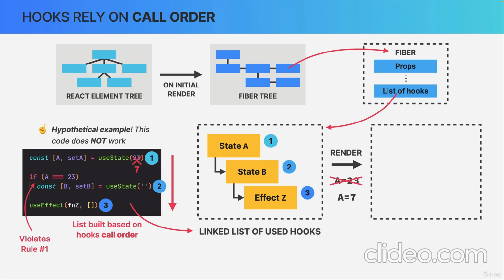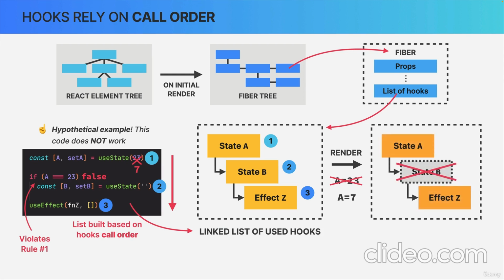Notice how state B was only created initially because the condition A equal 23 was true, right? However, after this re-render, the condition is now false, which means that this useState hook would not be called. And so state B would then no longer exist in this linked list of hooks after the render.